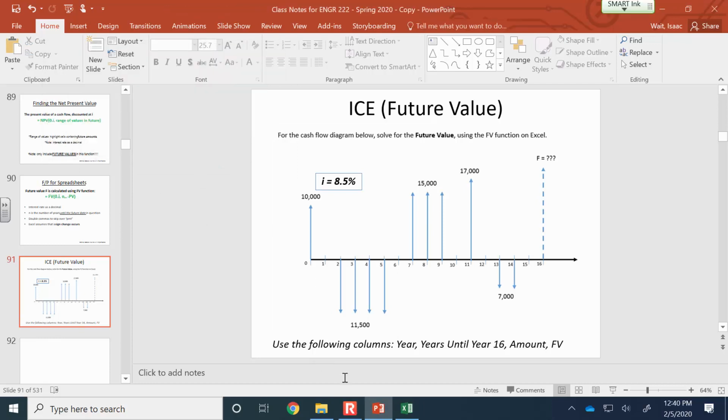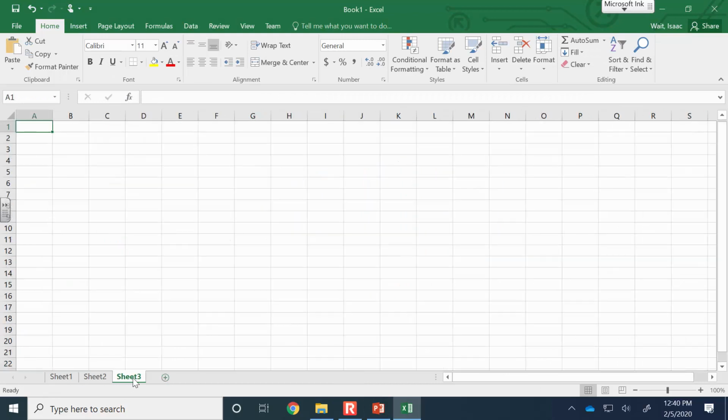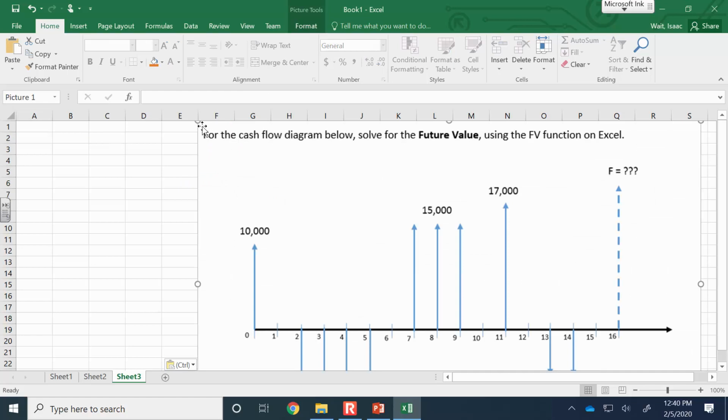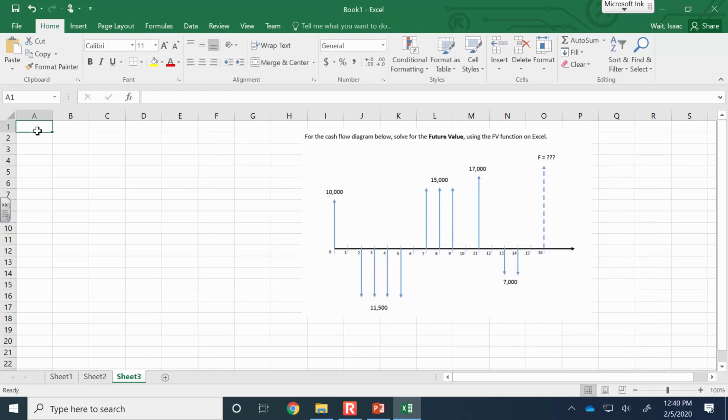Okay, I'm going to do it on the screen if you want to check and see whether you were on the right track for this one. I'll just paste the diagram so that's an easy reference. What was the interest rate on this one? 8.5%? Yeah. Okay.